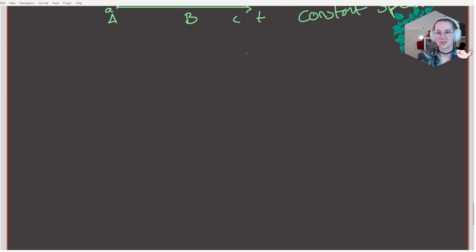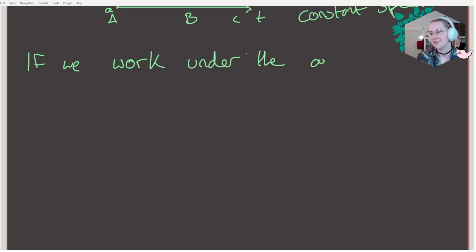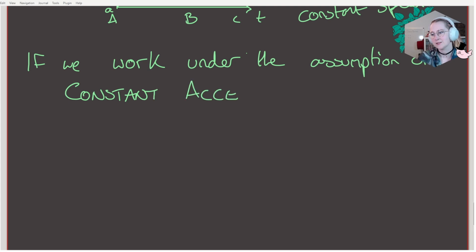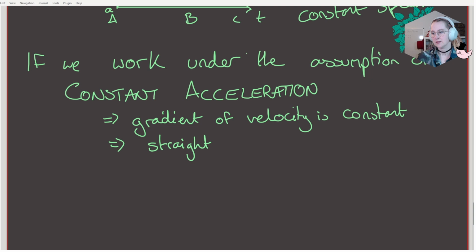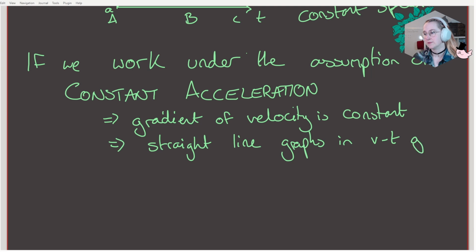Okay, so if we work under the assumption of constant acceleration, then constant acceleration means that the gradient of our rate of change of velocity is constant, because acceleration is just rate of change of velocity, which means we're looking at straight line graphs in velocity-time graphs.